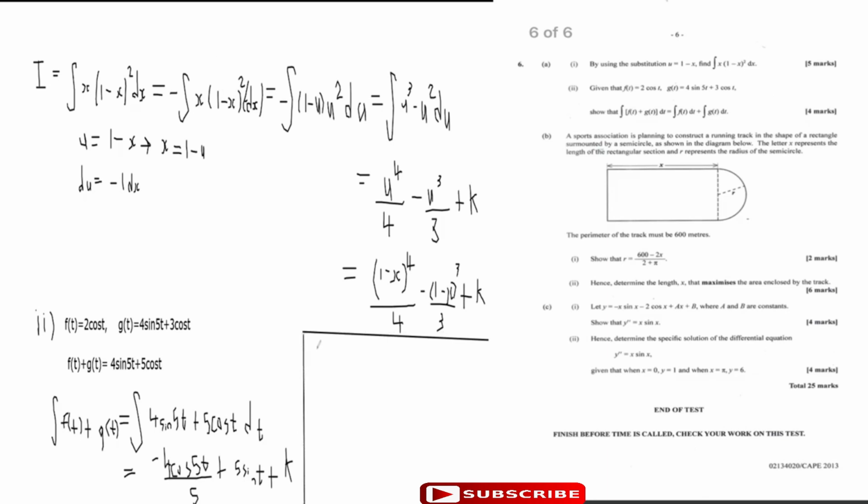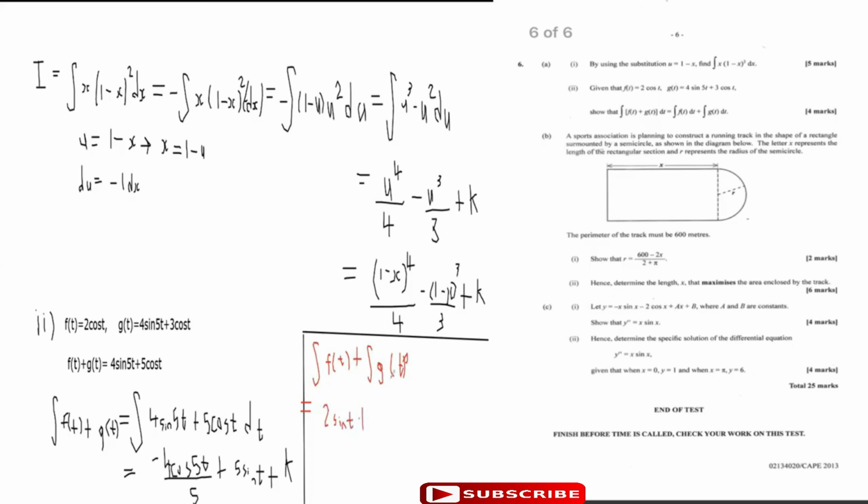Now, the integral of f of t plus the integral of g of t is going to be equal to, now the integral of f of t, when you integrate 2 cos t, you get 2 sine t.